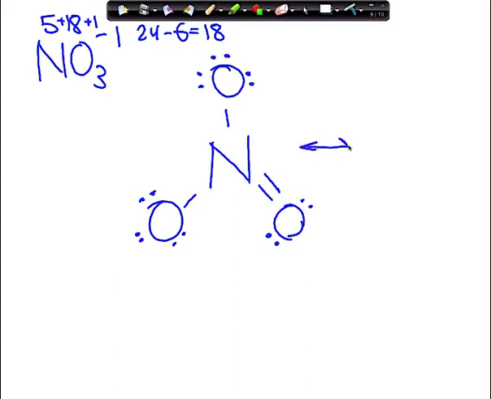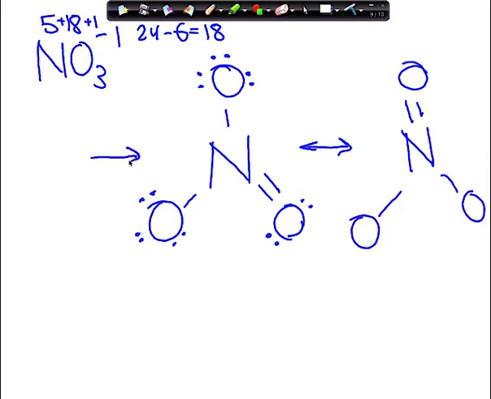So we very carefully draw the correct arrow, and then we draw this conformation and we put the electrons on, and then we very carefully draw our arrow. Which one am I missing now? Bottom left. And then we draw this conformation with the valence electrons, and that is how we represent nitrate.